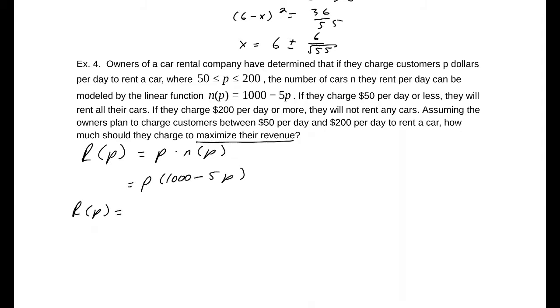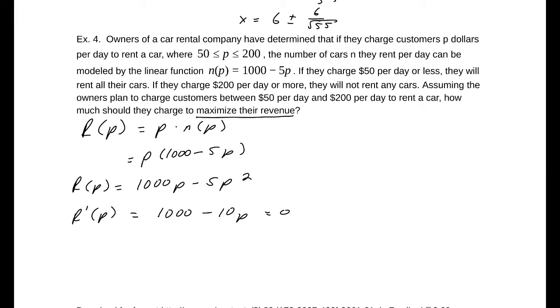So our revenue function is 1,000P minus 5P squared. Now, taking the derivative of that, we have 1,000 minus 10P, and setting that equal to 0, we see that the price must be 100.